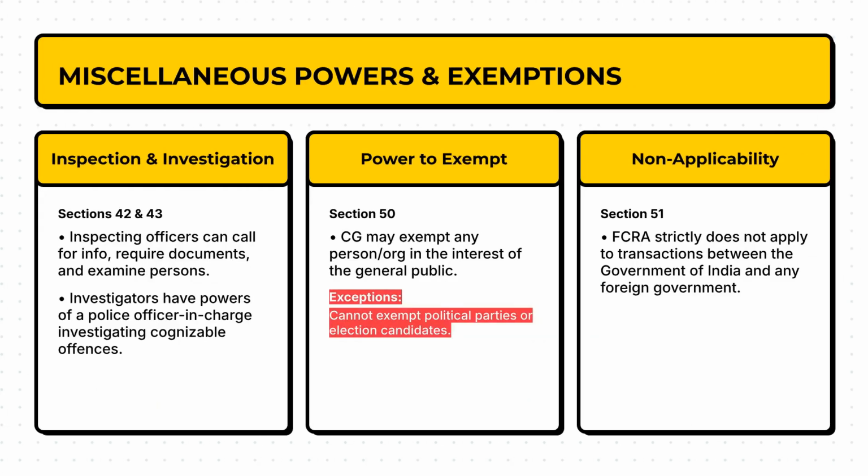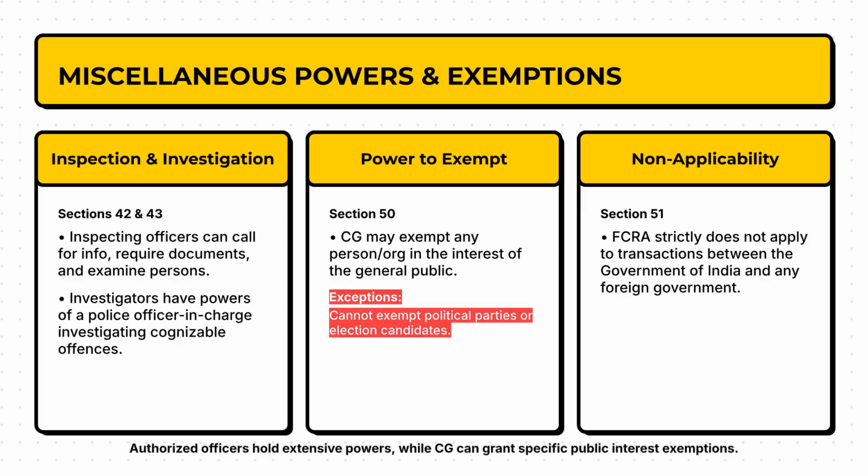Chapter 9 grants significant powers to the central government and authorized officers. During inspections, authorized officers may call for information, require production of documents, and examine persons acquainted with relevant facts. Investigating authorities possess powers similar to those of a police officer investigating a cognizable offense.